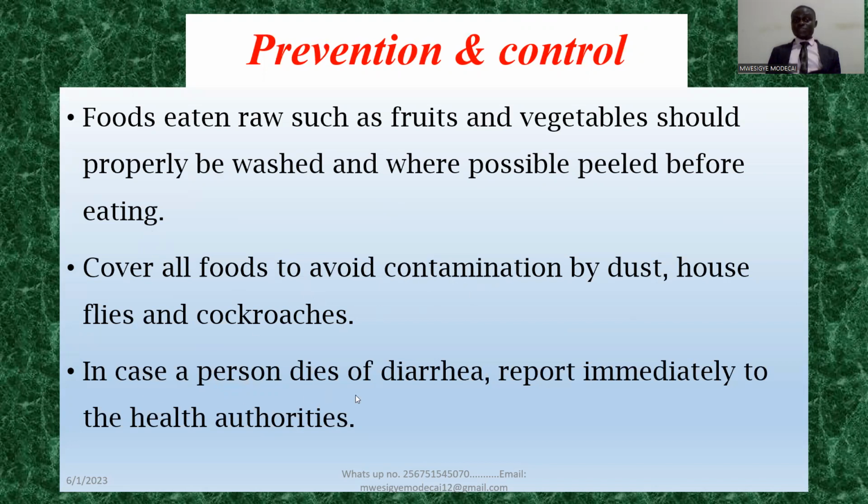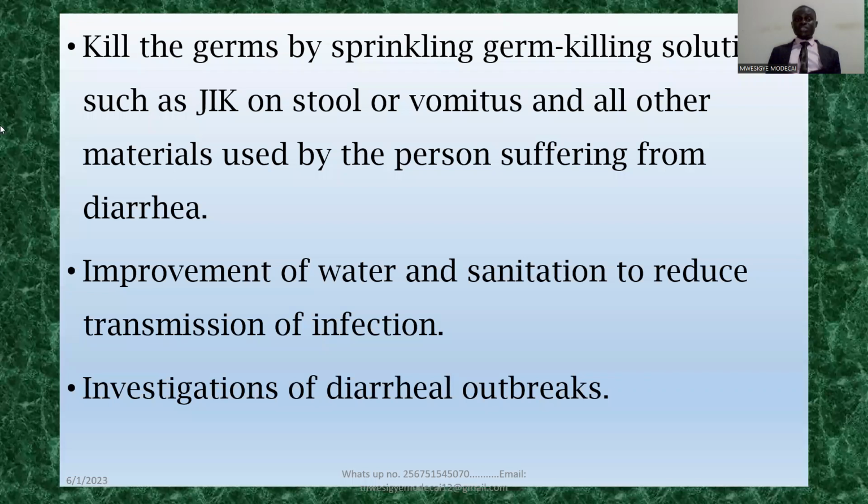In case a person dies of diarrhea, report immediately to the health authority. Kill the germs by sprinkling a germ-killing solution such as jik on stool or vomitus and all the materials used by the person suffering from diarrhea. Then there is improvement of water and sanitation to reduce transmission of infection.